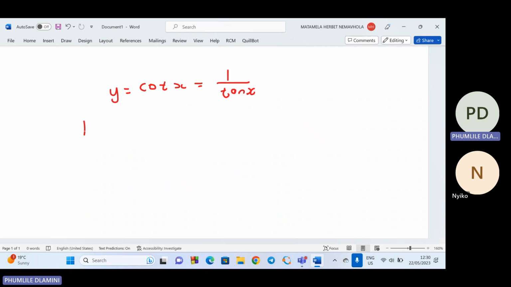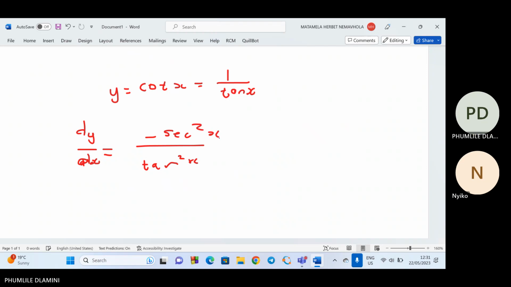So dy over dx of this, I can still use the quotient rule. It's going to give me tan squared x, then 0 minus, when I differentiate tan x, I'm going to get sec squared x.